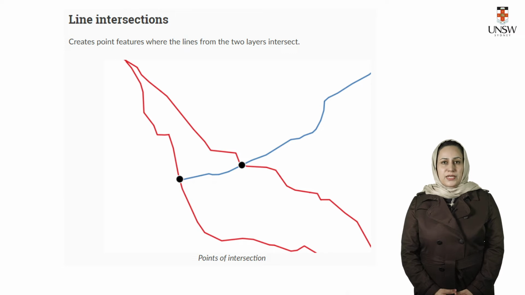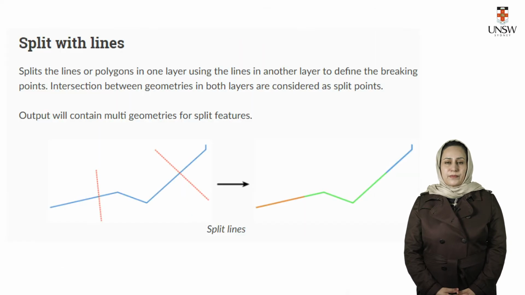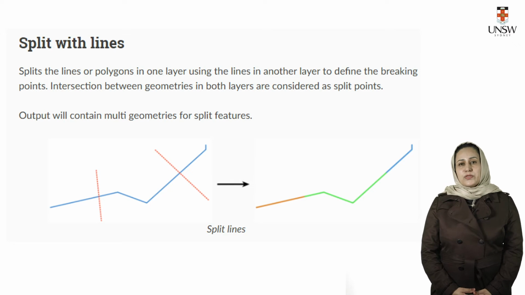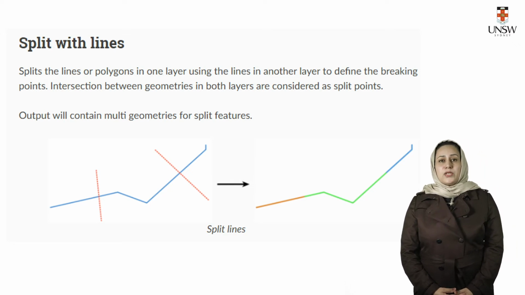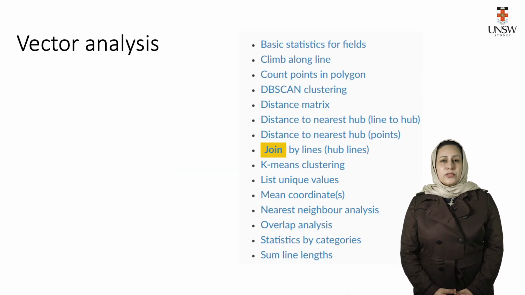Line intersection extracts the points where the lines intersect, and it is a very useful tool for network analysis. Split with lines is another tool used for division of a line to segments based on defined intersected lines.